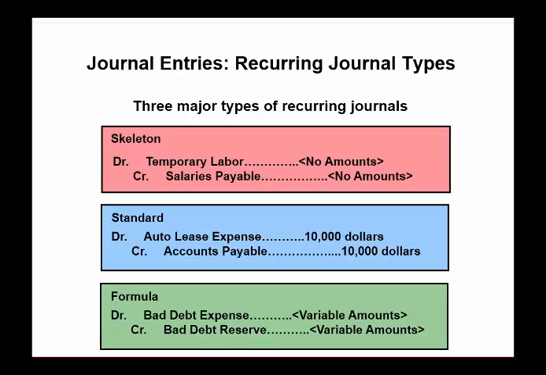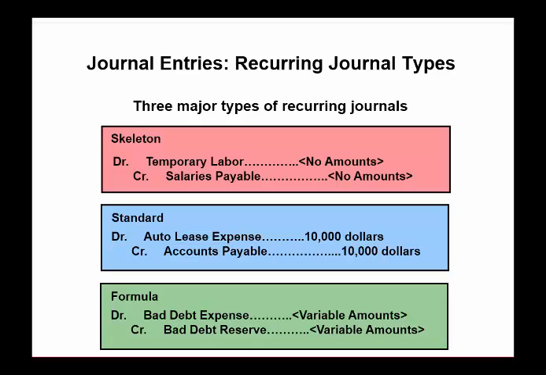But the recurring journal entry is set up at the beginning of the calendar year with the accounts identified and the exact amount. Sometimes I use a formula. So the amount, I'm not sure about the amount, so it is the same as the first one, but I will be able to calculate it using a formula.